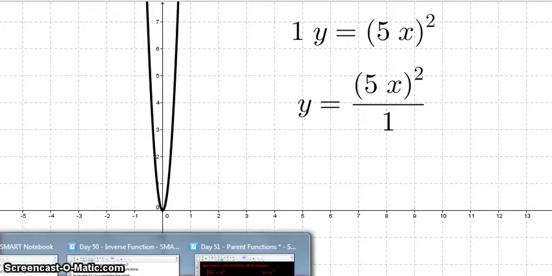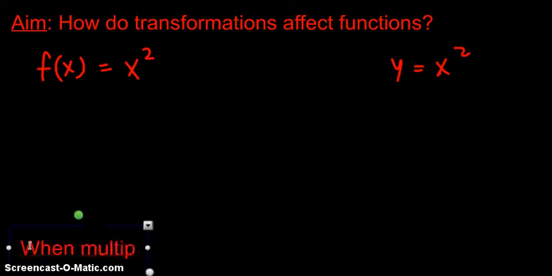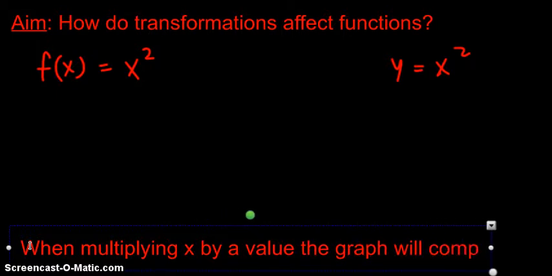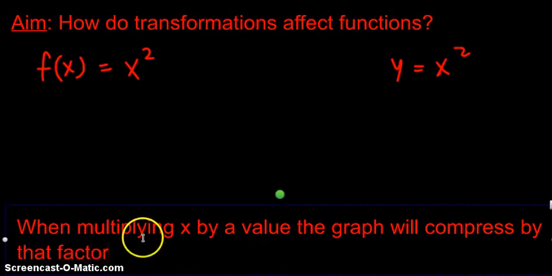That would be important to write down in your notes. So let me type that in here. When multiplying x by a value, we'll call it a, the graph will compress by that factor, meaning all of its x values will be divided by that amount.